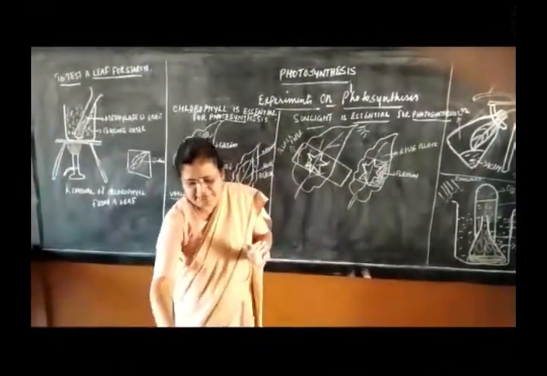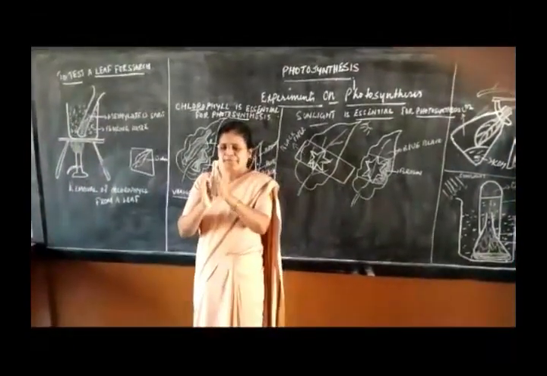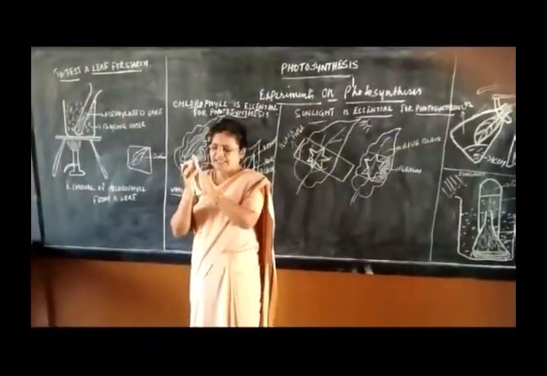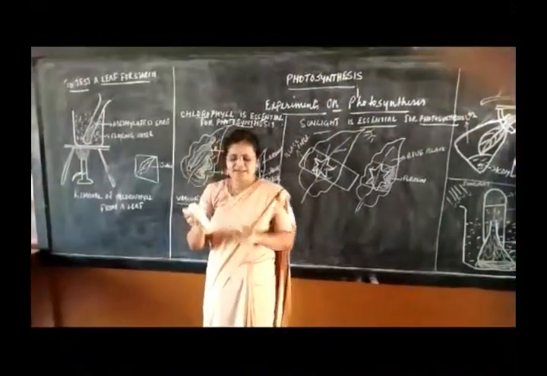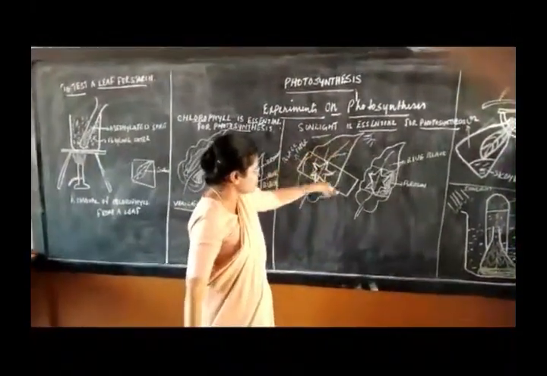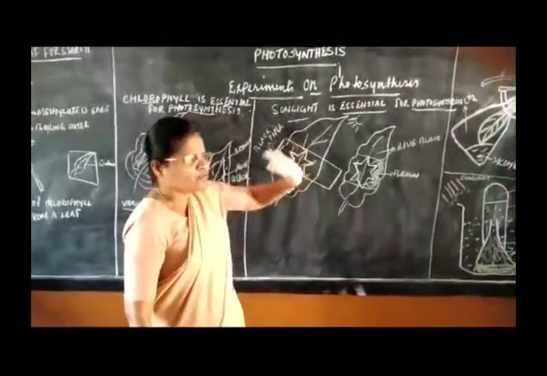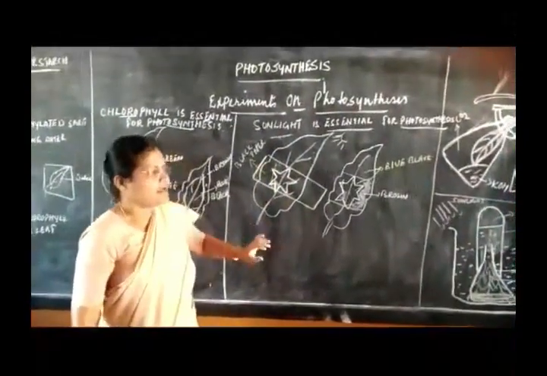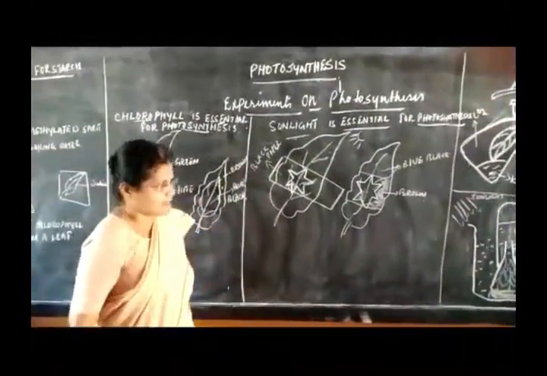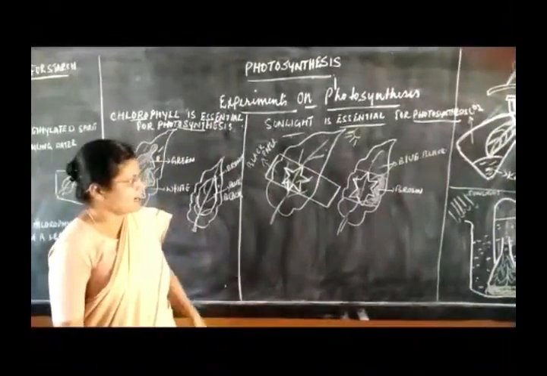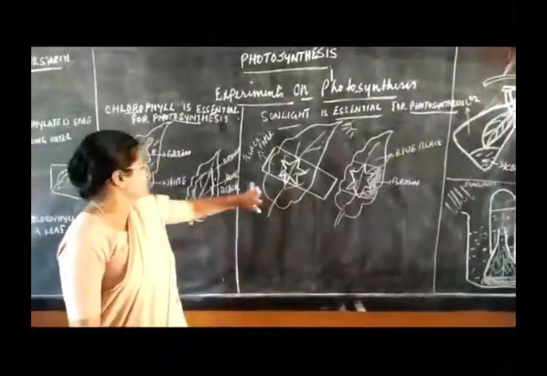Okay? Suppose you have a leaf here, you have black paper here, black paper here, clip it nicely. At the center you have a star-shaped structure, and exactly in this manner, take 2-3 leaves, and after that keep it in the sunlight. It undergoes photosynthesis. After 2 to 3 hours, you go for performing the starch test.